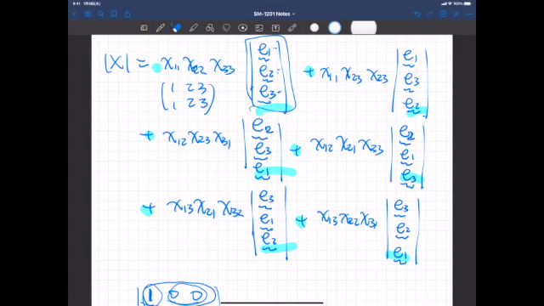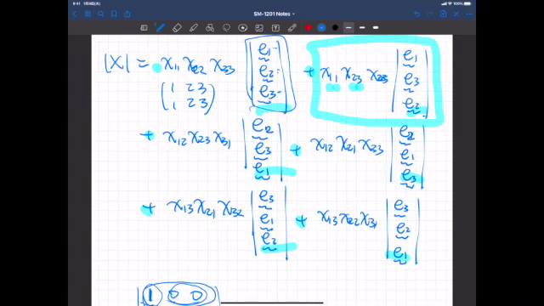And consider the next term. Here we have 1, 1, 2, 3, 1, 2, 3. Wait a minute. This should be 2, 3, and 3, 2.